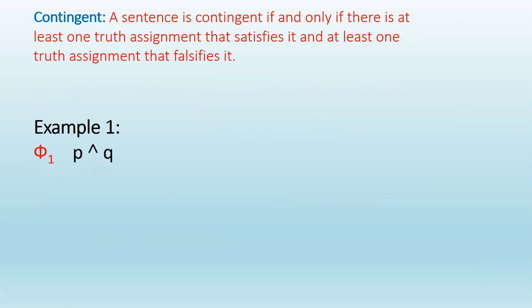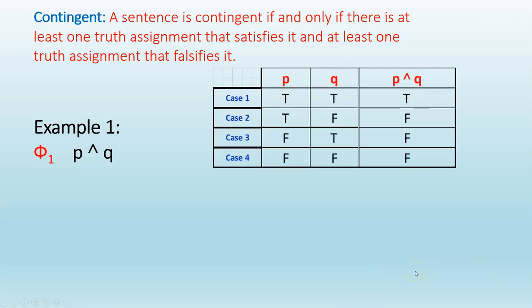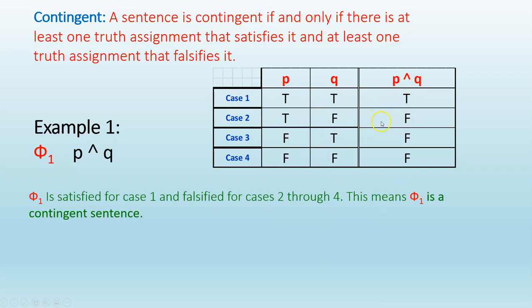A sentence is contingent if and only if there's at least one truth assignment that satisfies it and at least one truth assignment that falsifies it. So contingent sentences are the kinds of sentences that we were first introduced to. For example, the conjunction. There are some cases where it's true, here case 1, and some cases where it's false, here cases 2 through 4.